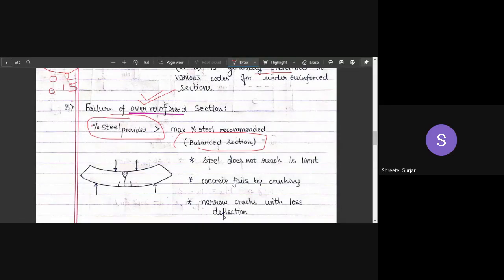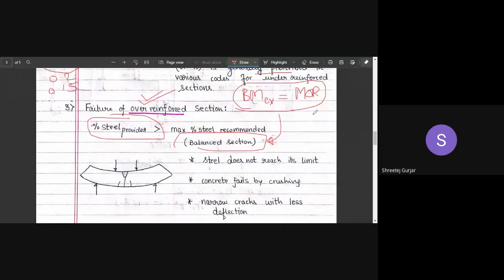When the bending moment due to external forces is equal to the moment of resistance, we design the beam for this particular case. That is our balanced section. The loads or the bending moments are balanced over here, and we design.